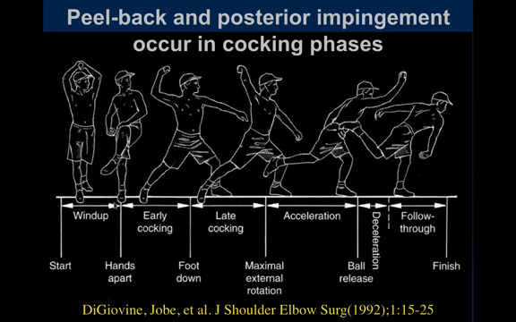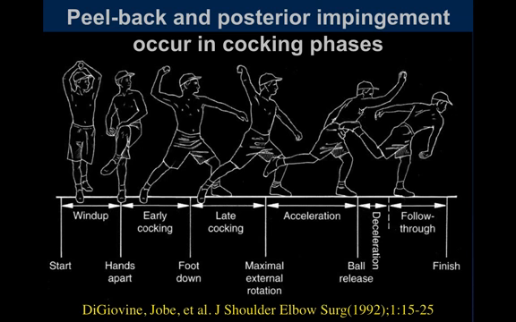So this is the sequence of throwing, from the Jobe group, which he kind of popularized. You start with the windup, then you separate the hands at the end of the windup. You have the early cocking phase, the late cocking phase, and this is what we're going to come back to repeatedly in this part of the discussion, the late cocking phase.